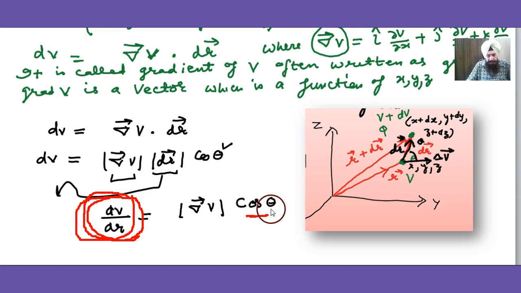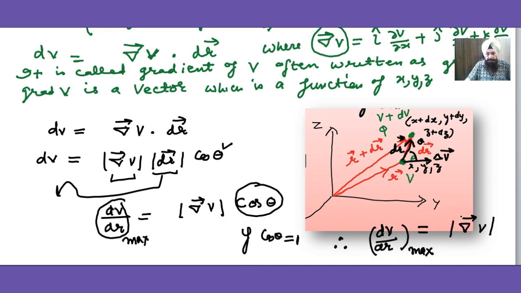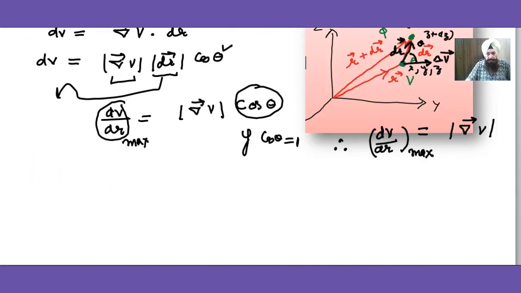If theta is equal to 0, then this will have its maximum value.